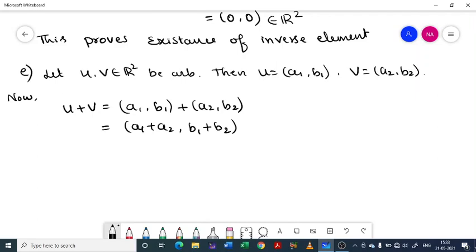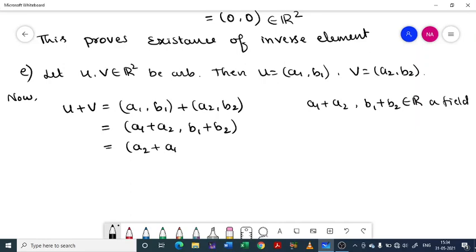That means they belong to R, but R being a field, you can interchange these two entries, their commutativity holds.